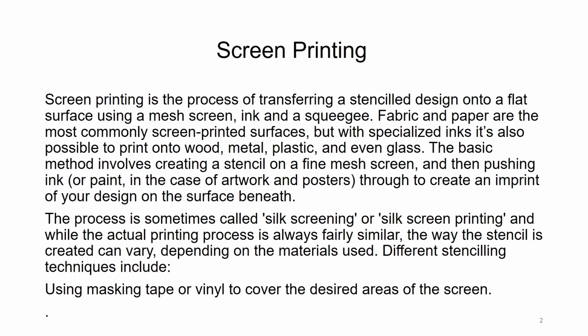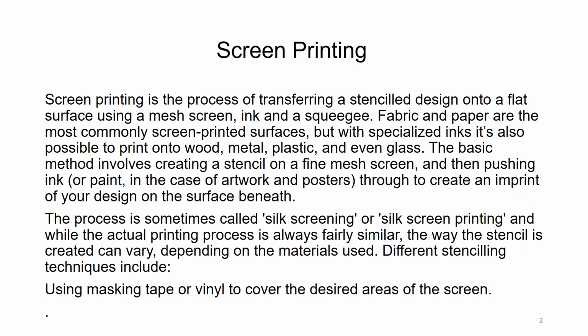The process is sometimes called silk screening or silk screen printing, and while the actual printing process is always fairly similar, the way the stencil is created can vary. So, making a stencil may be different, but otherwise the silk screening or the silk screen printing remains the same.